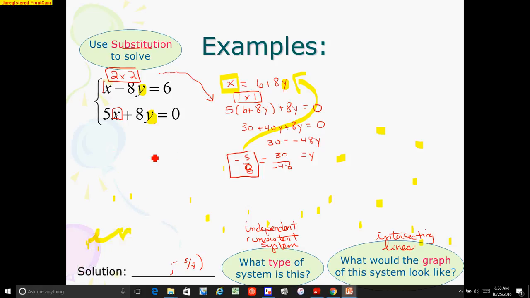Okay. So again, I'm going to plug in. What is x when y is negative 5/8? x is equal to 6 minus 5, which is 1.